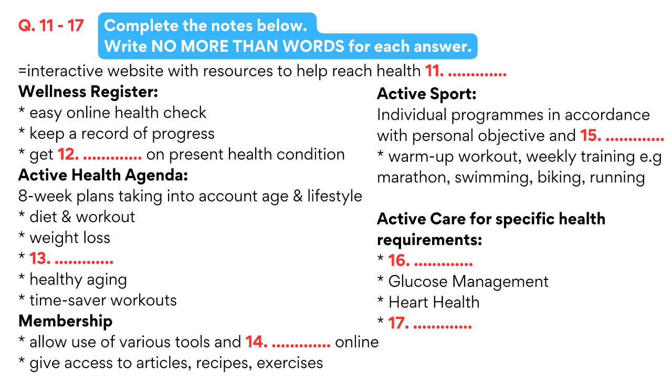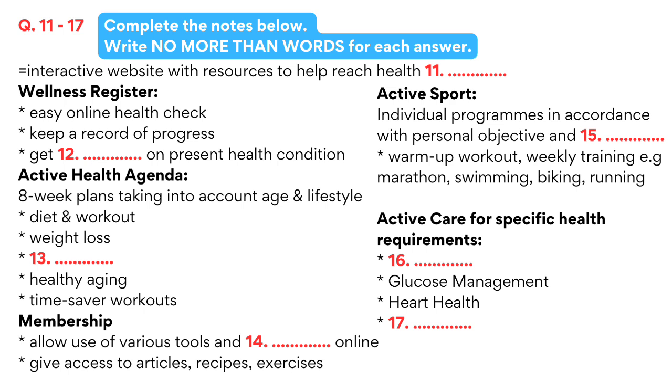Detailed daily warm-ups and workout plans and weekly training schedules will help you prepare for any upcoming event of your choice. Marathons, triathlons, open water swims, cycling, or fun runs are just some of the events you could enter with confidence when you've completed an active sport program.